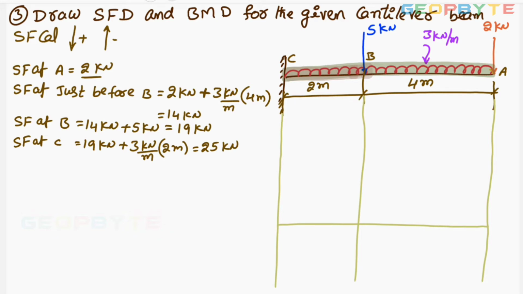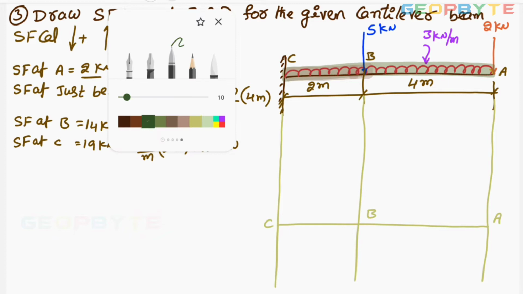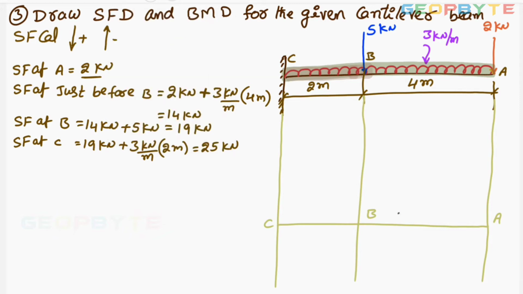With respect to this reference line, let us mark the points C, B and A. These are already marked. The positive values should be taken above the reference line, positive and negative.